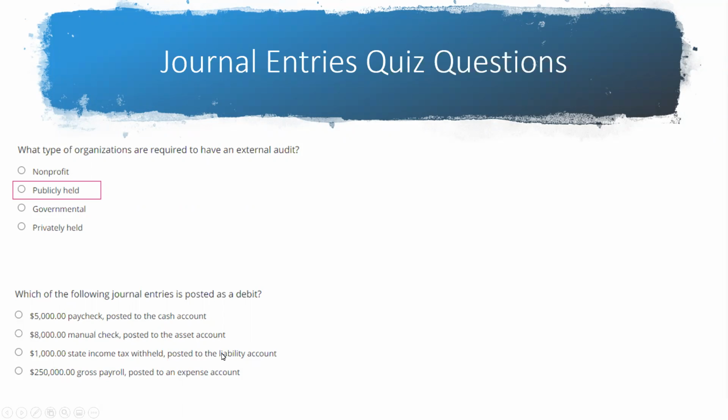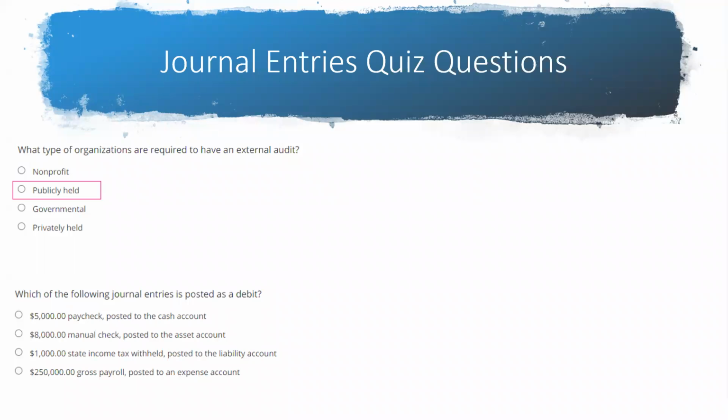If we're posting to a liability account, what would a debit do? Would it increase or decrease? A debit to a liability would decrease. A debit to an expense would increase.